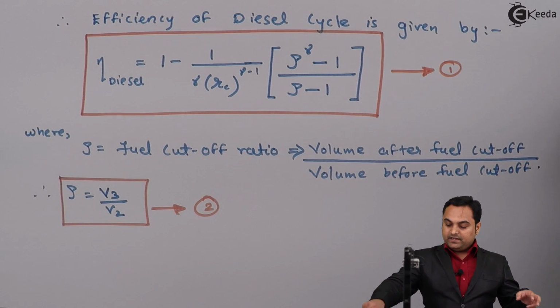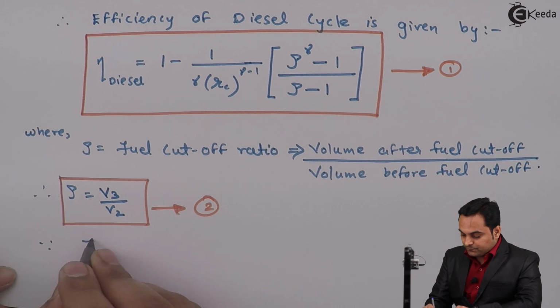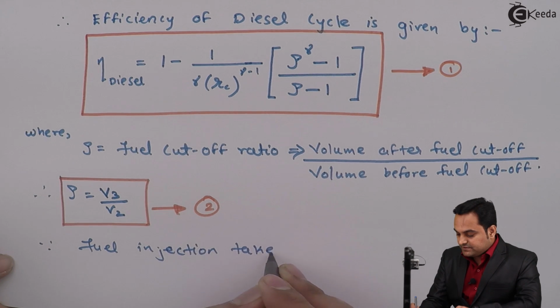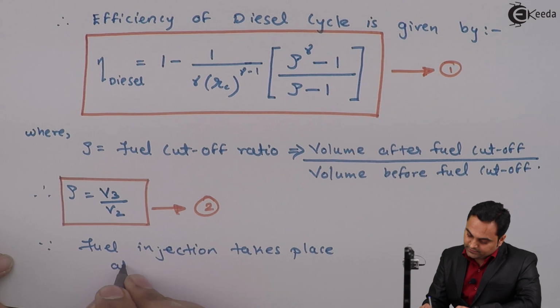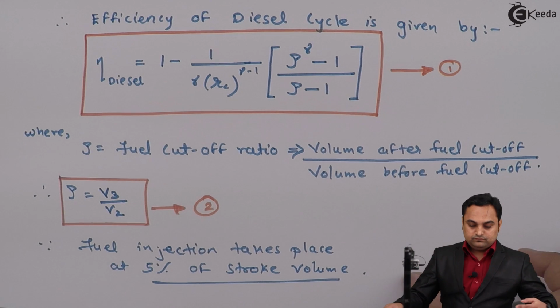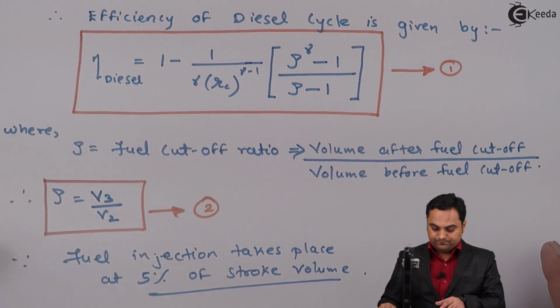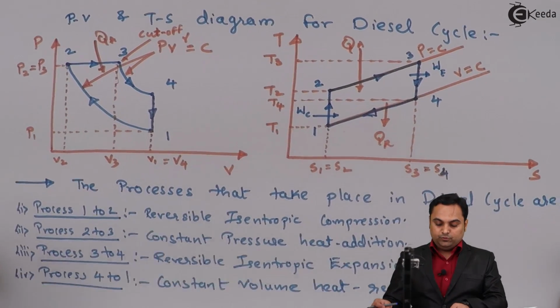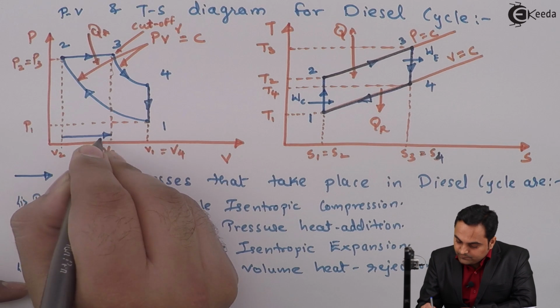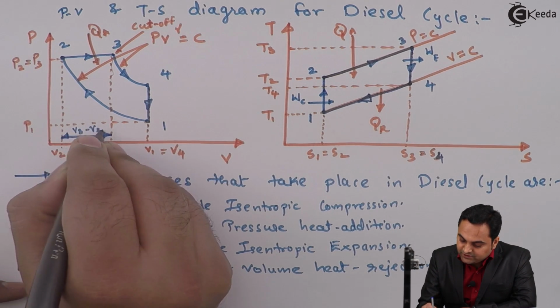Now this statement I'll utilize, that since fuel injection takes place at 5% of stroke, which is nothing but stroke volume, therefore fuel gets injected from V3 minus V2.